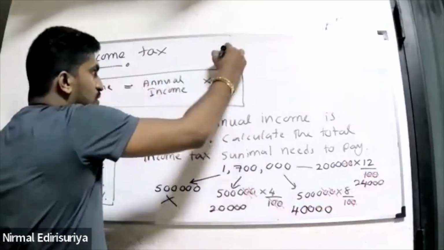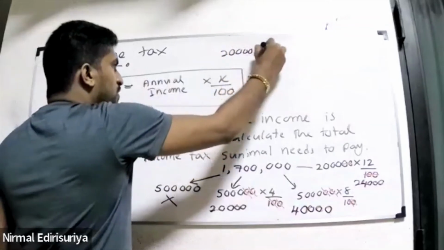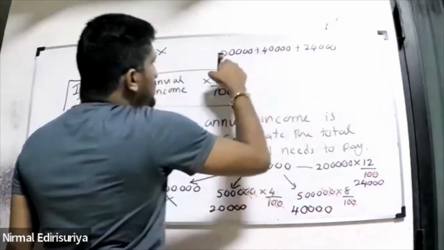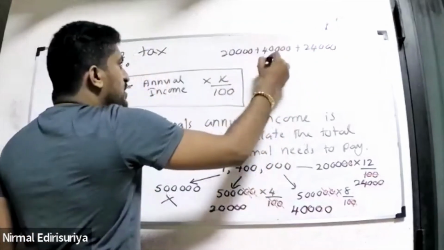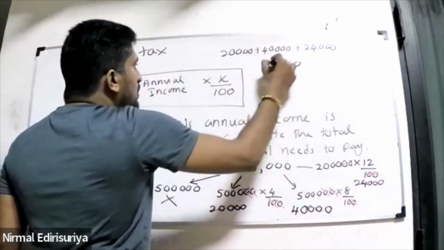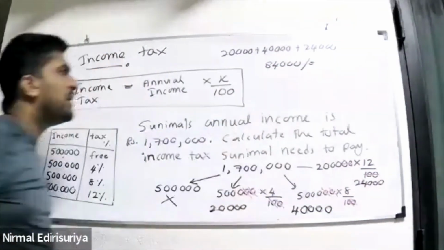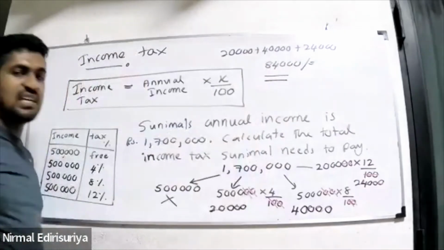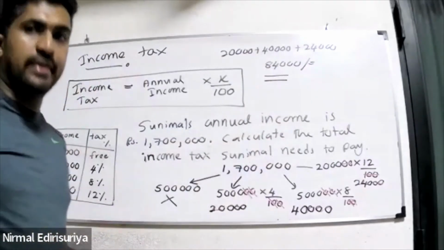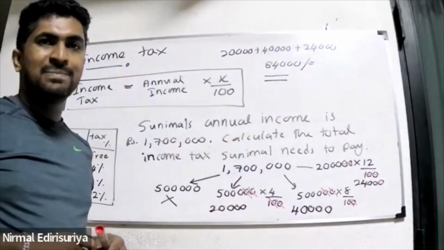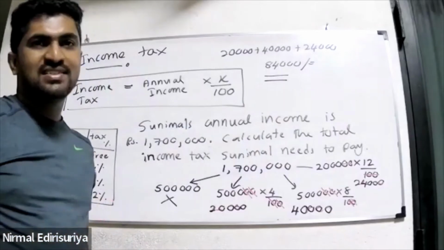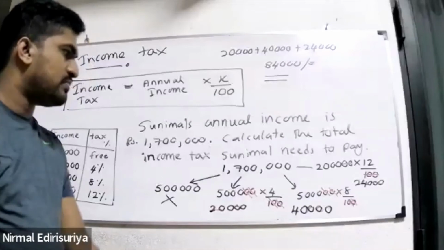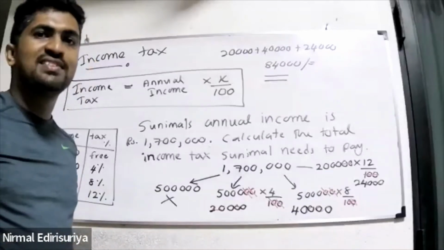If I add them all, it is 84,000. 84,000 rupees is the total income tax. You have to divide into categories, not like the earlier ones. Did you see? Did you understand?